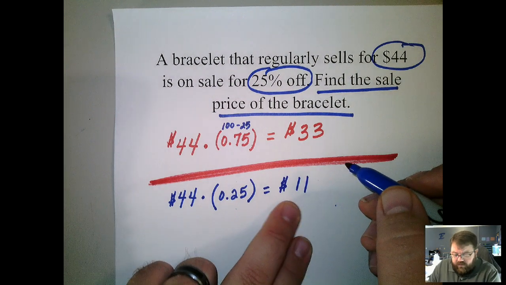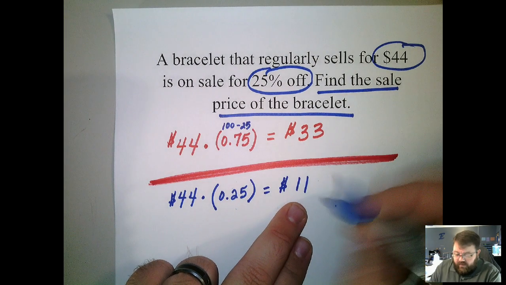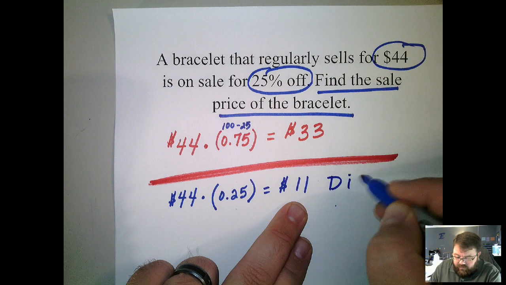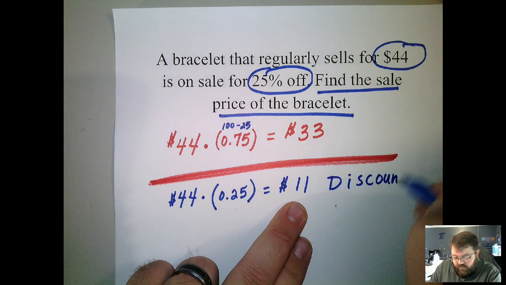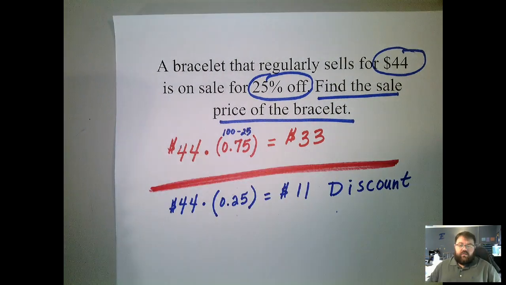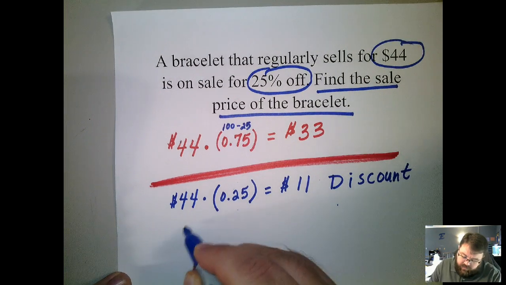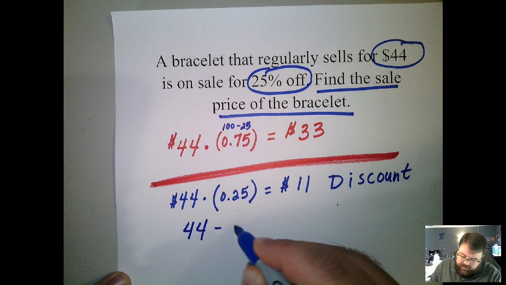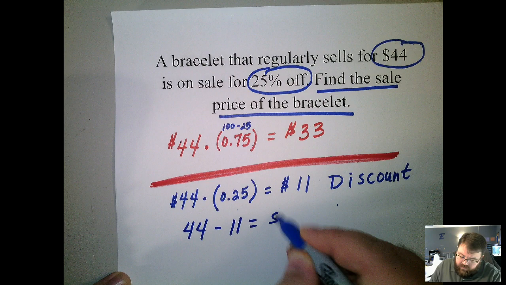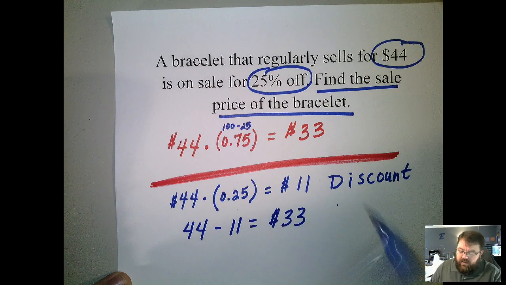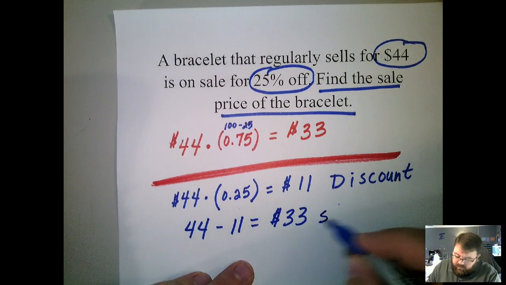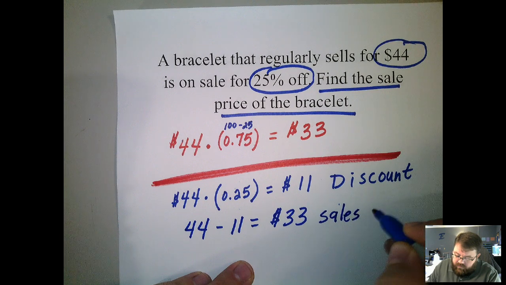Guys, this is not the sales price. This is the discount. From here, you have to take the original price minus the discount, and that is what you would get for the sales price.